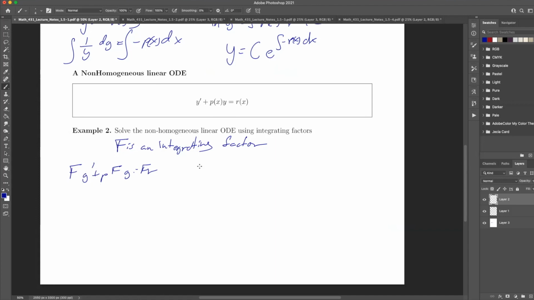Let me explain what we want, and this is why I did what I did. I want to be able to recollapse this, and let me explain why.